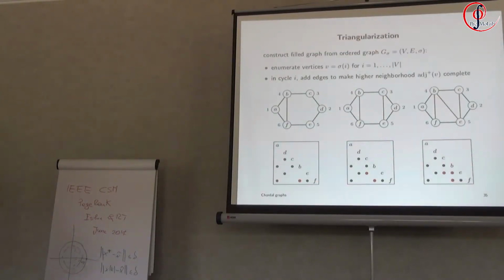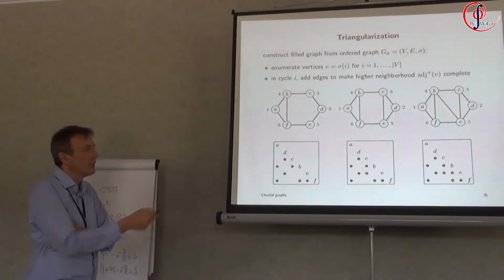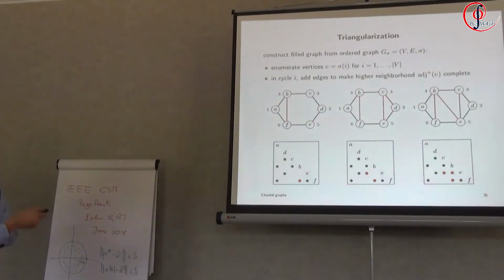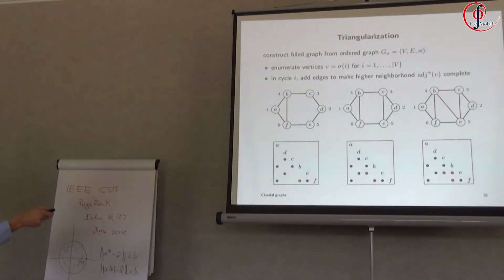So in practice, this is often how chordal graphs are obtained. You start with a non-chordal graph, you choose an ordering, and then you apply this triangularization. And it's often important to do this with as few added edges as possible. Those added edges are called the fill-in: the extra non-zeros in a Cholesky factorization, or the extra edges in a triangularized graph.